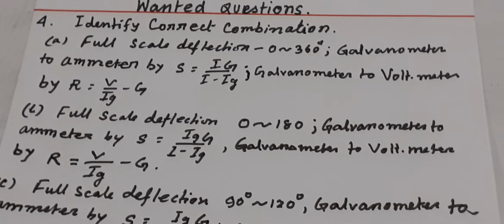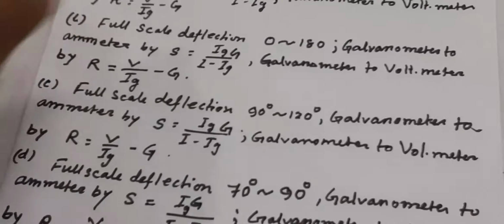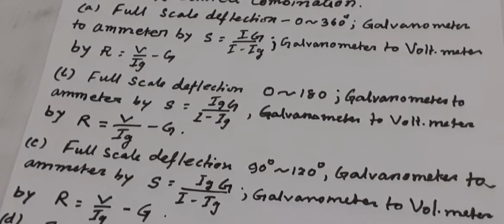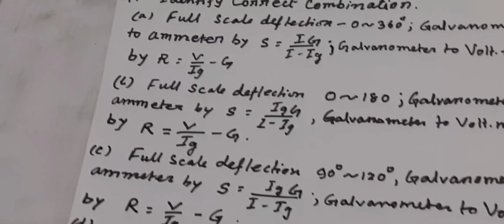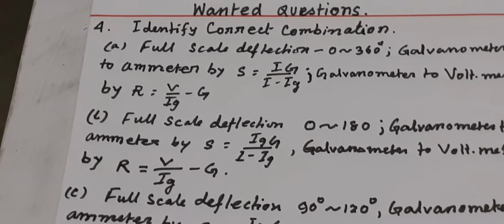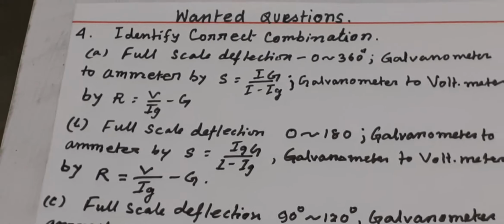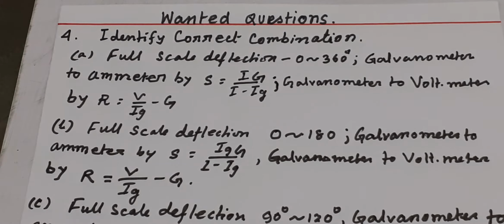Number 4. Identify the correct combination. Full scale deflection 0 to 360 degree. A galvanometer will be converted to an ammeter as well as a voltmeter.